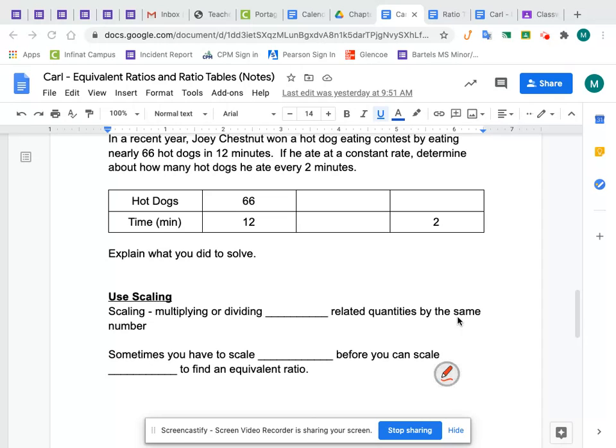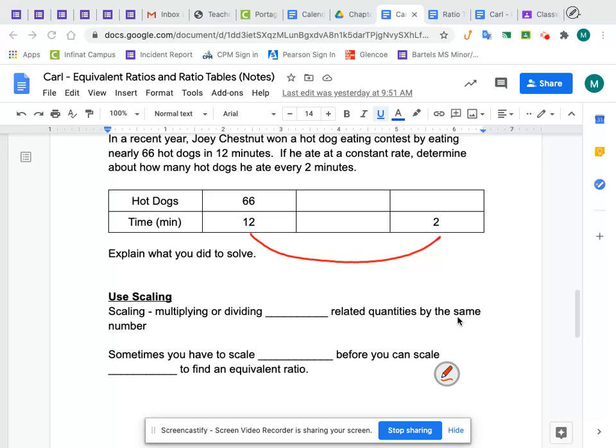Well, I have a missing column before I get to my 2. So I need to think what number can go into both 12 and 2. And I know that 2 will go into it.